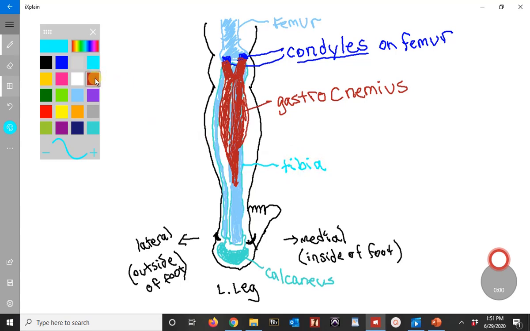And so the gastrocnemius is going behind the tibia on the back of your leg, down, down, down, and it turns into a tendon, like all muscles do at the end, right when they're getting ready to attach to a bone. That tendon is called the calcaneal tendon. And that is what attaches to the calcaneus, your heel bone.